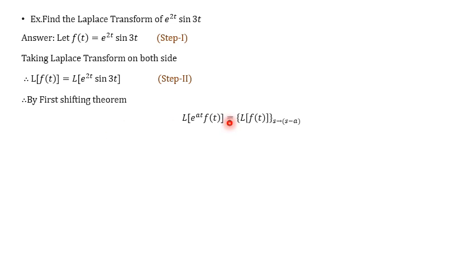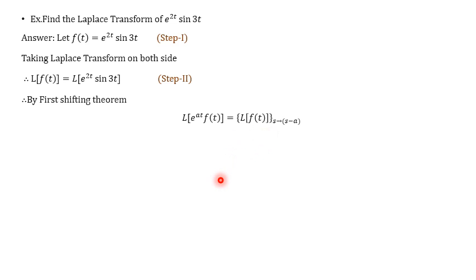The statement of first shifting theorem is the Laplace transformation of e^(at) times f(t) equals the Laplace transformation of f(t) and replace each s by s minus a. We have to ignore this e^(at) part, just take the Laplace transformation of this f(t). If we compare this e^(at) times f(t) to our example e^(2t) times sin 3t, you will observe that a equals 2 here.